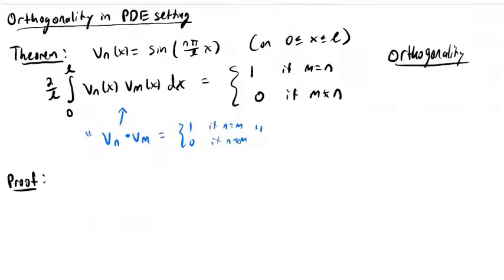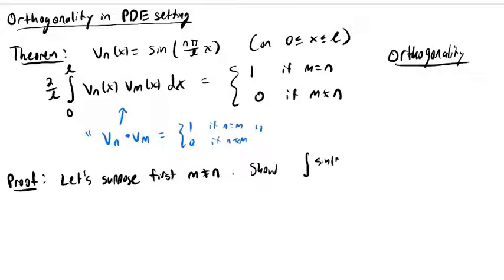So what I'm going to do first is, let's suppose first that n does not equal m. Sorry, let me rewrite this.